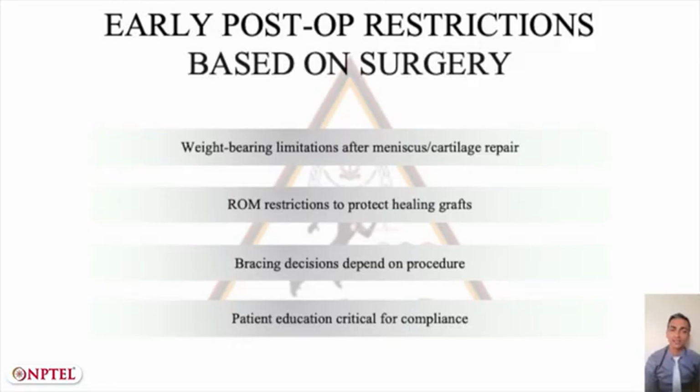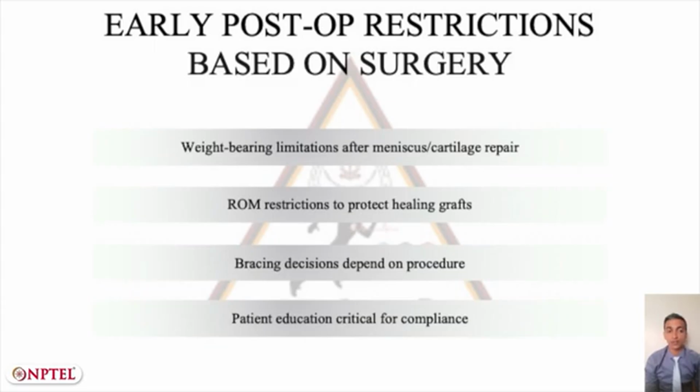Now let's discuss the early post-op restrictions based on the type of surgery. Every surgery comes with its own set of restrictions. A meniscus or cartilage repair often means partial or non-weight bearing for a prolonged duration. ROM may be limited in such surgeries, especially deep flexion of the knee.